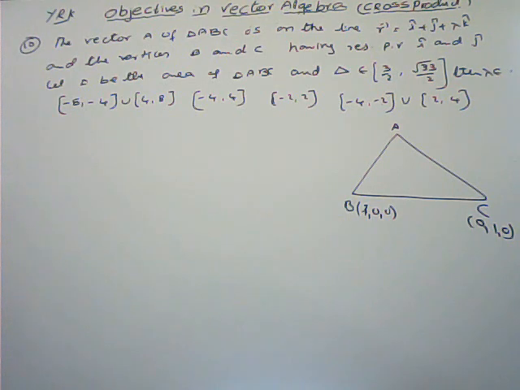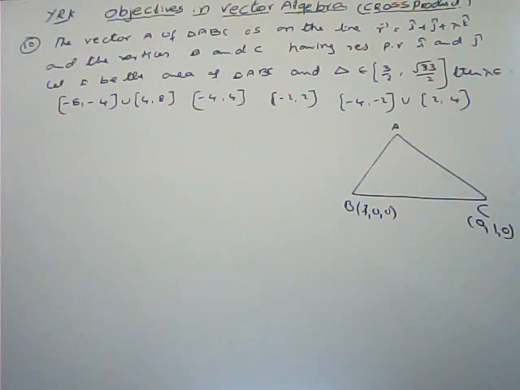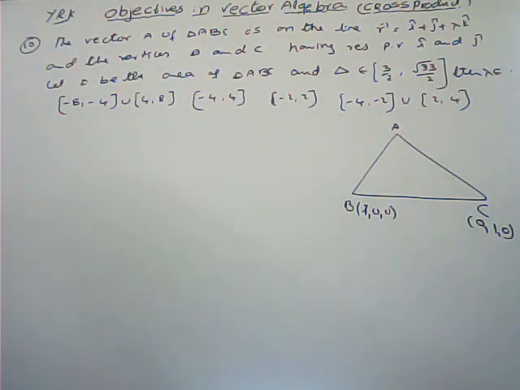A is the variable point only, so by taking different values of lambda, A also changes, and then the area of the triangle also changes. So if the area of the triangle lies in between this interval, what does lambda belong to?